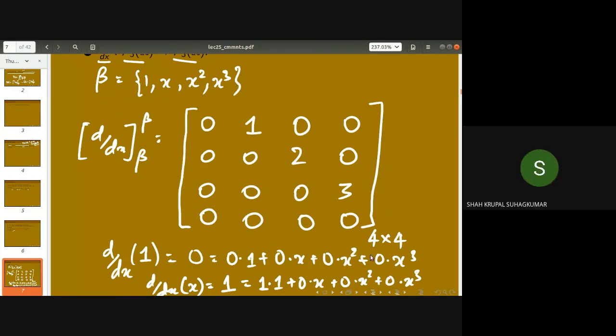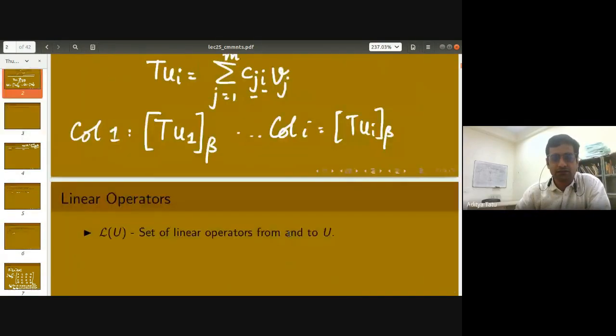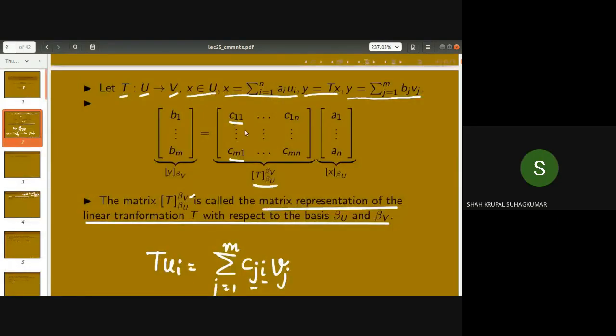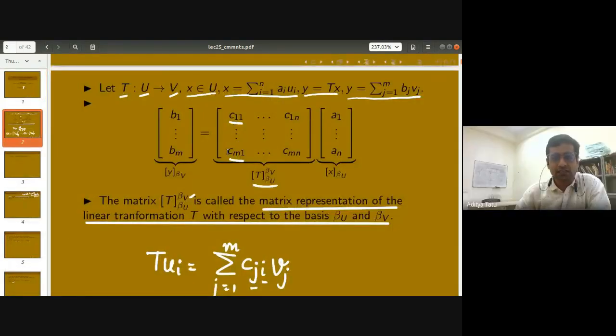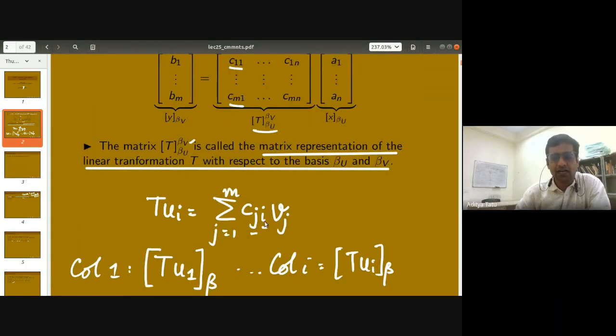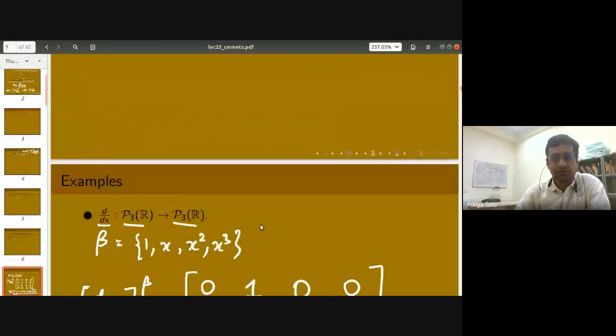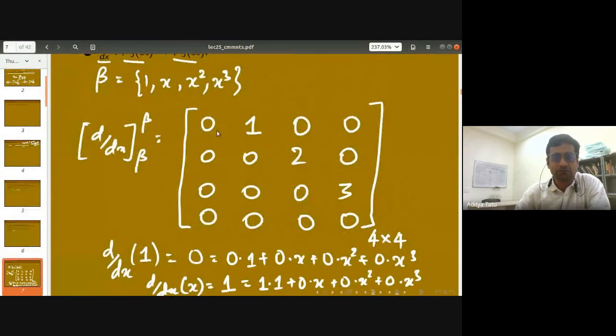It's 0 into the first basis, etc. So these four zeros are nothing but your C11, C21, C31, and C41. You can see here J varies, I remains the same, so it's the ith column. Okay, so that's how you get your first column.